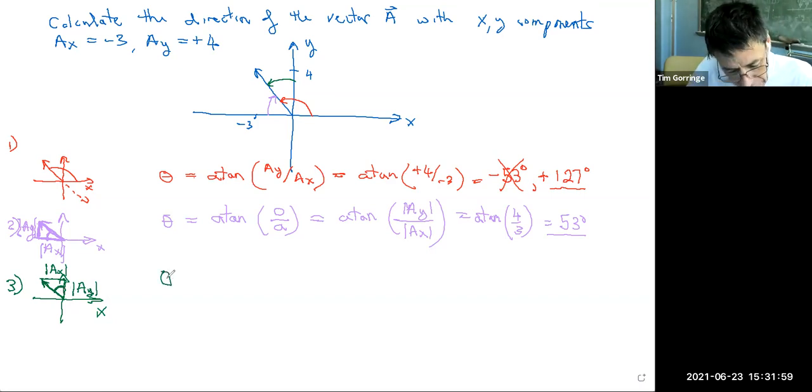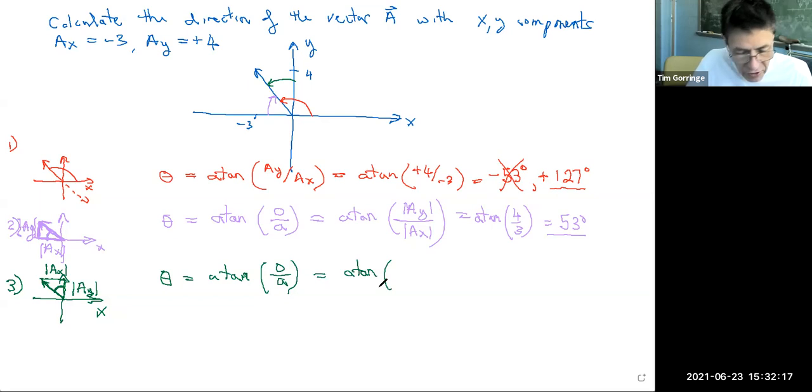So finally, when I calculate this angle, I'm going to use the fact that the angle is equal to the inverse tangent of the opposite side of that triangle divided by the length of the adjacent side of that triangle. And in this case, in terms of the components of the vector, the opposite side of the triangle is AX, its magnitude.